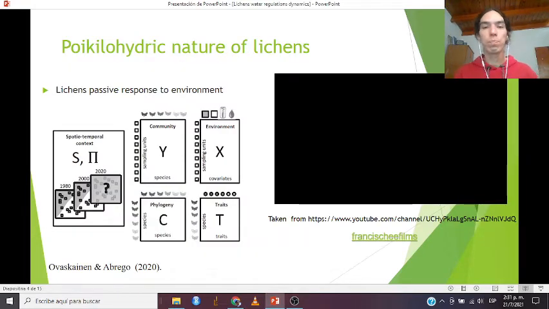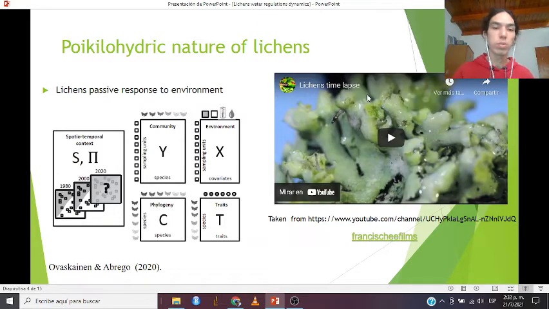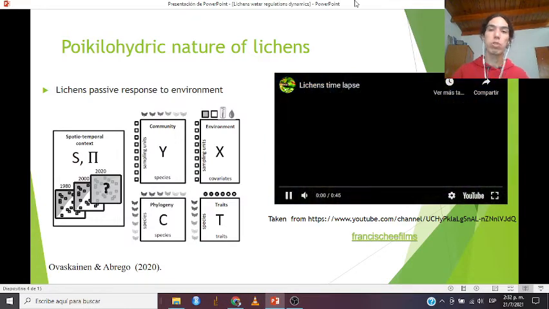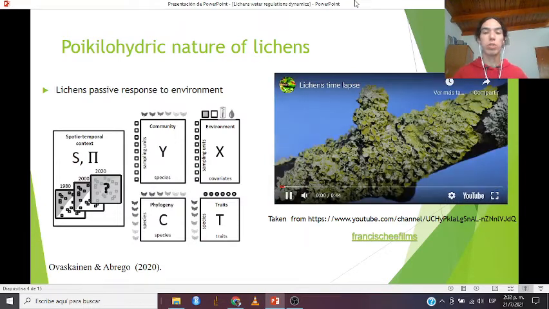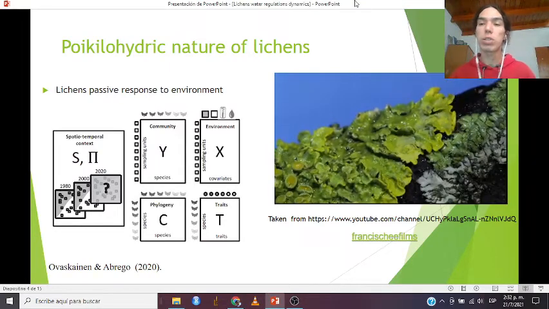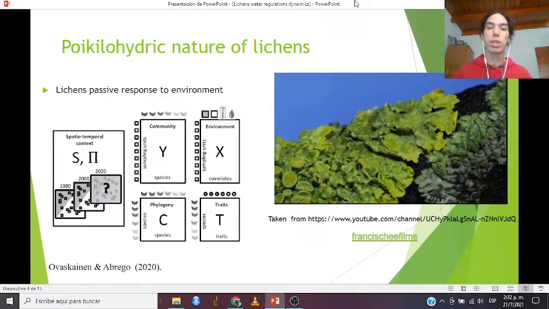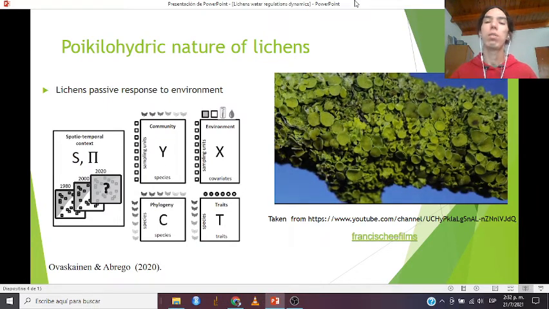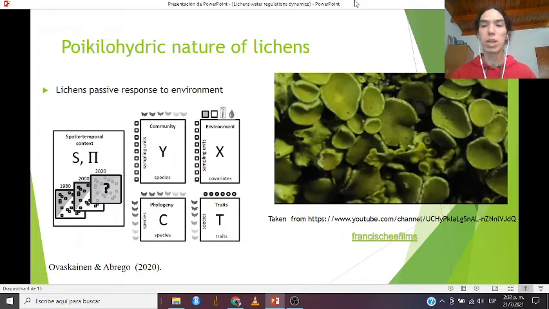So, community patterns are not the only way to see these responses. We can also measure physiological or morphological changes, which we call traits. And we know that lichens are poikilohydric beings, meaning that the water content is regulated passively.